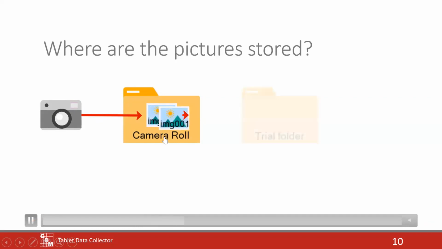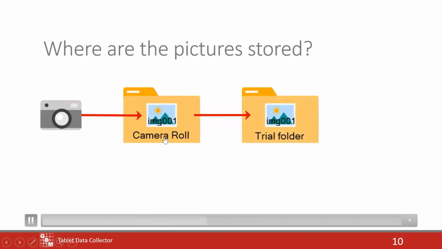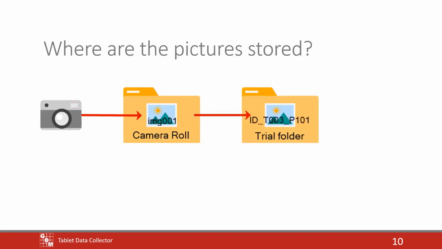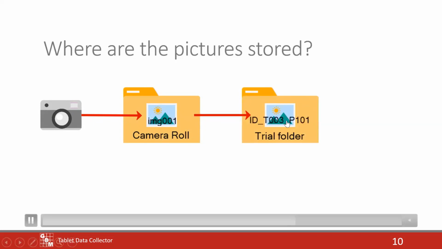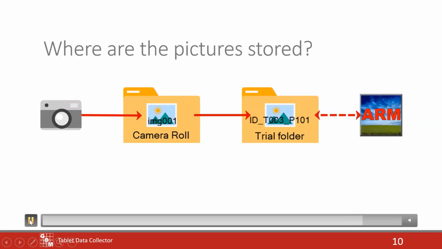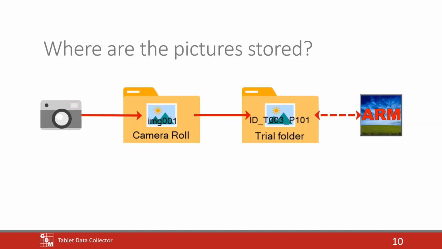ARM will make a copy of that image and put it in the folder where your trial is at. And then we can rename that image file itself like we saw in that little wizard, so that way we have an identifier for that image. And then we simply link that image that's now in that folder with your trial to that individual plot.